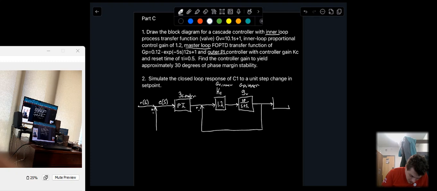This outer process function is going to be represented by this formula here: 0.12 e to the negative 5s over 12s plus 1. So this is our GP outer. And then that output is going to be our true output here. And then we're going to, of course, send back the signal.